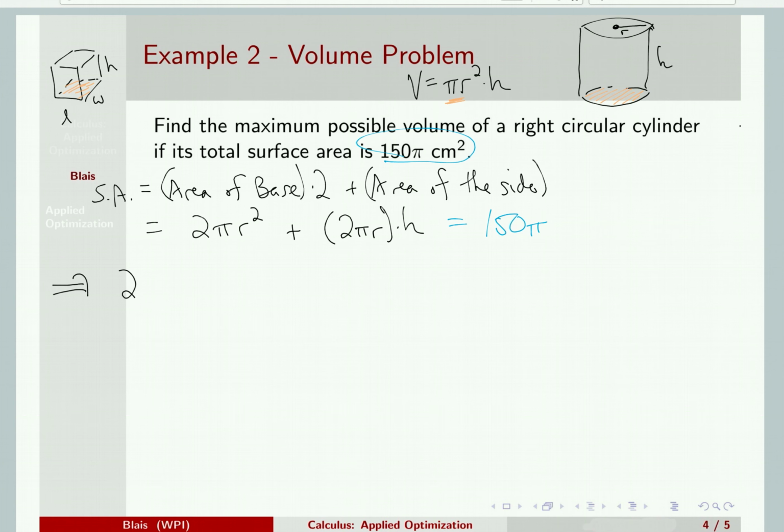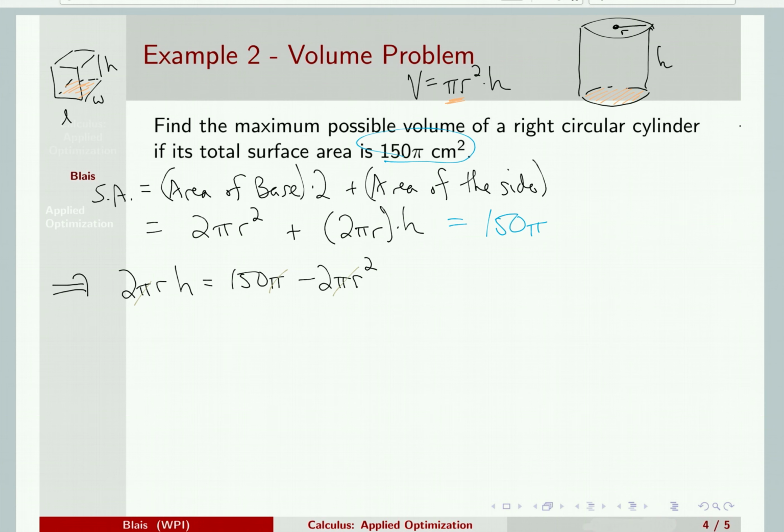So we get 2 pi r h is 150 pi minus 2 pi r squared. And then we can cancel some things. So we can cancel the pi terms. And we can divide by 2.